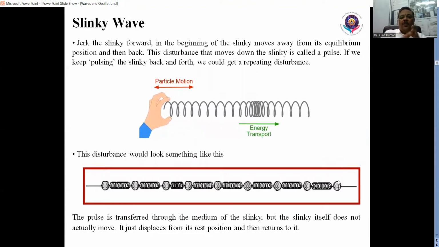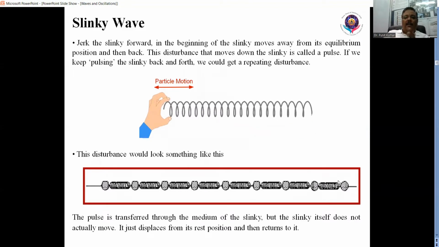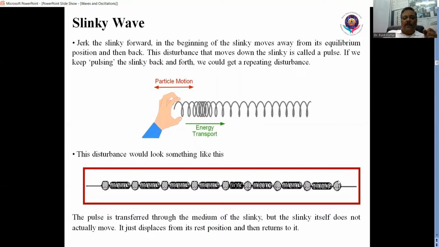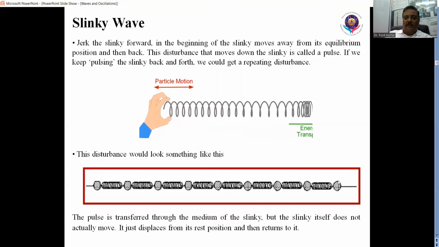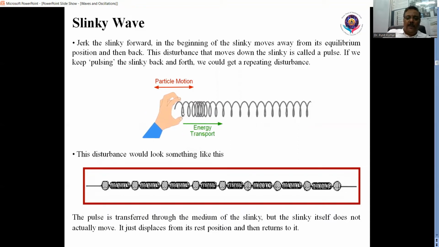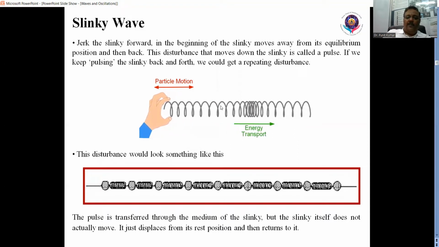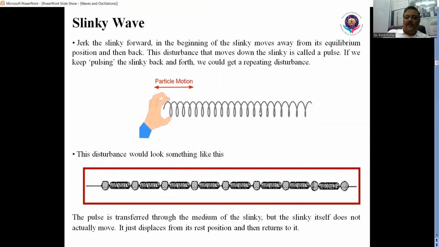If we take a long and soft spring, and we take it away from the position of equilibrium and then bring it back, the disturbance moves. You can see that the disturbance is moving, and the energy is being transferred.